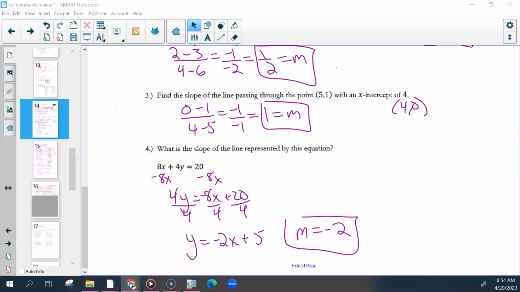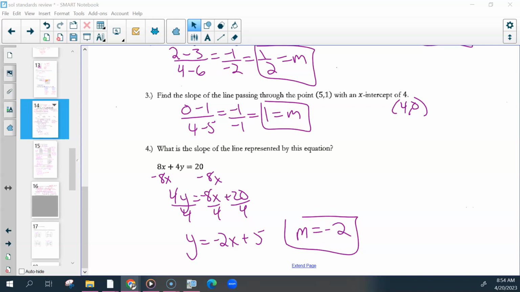SOL standards. I think. That looks very good.